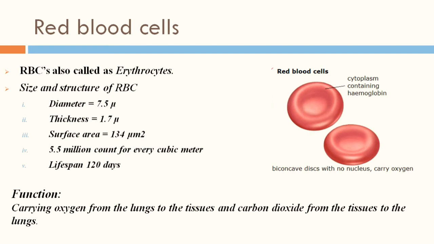The mean surface area of the cell is about 132 square micrometer. If you go for the count, there are about 5.5 million of them in every cubic millimeter of blood in men and nearly 5 million in women. In the whole body there are about 25 billion erythrocytes.